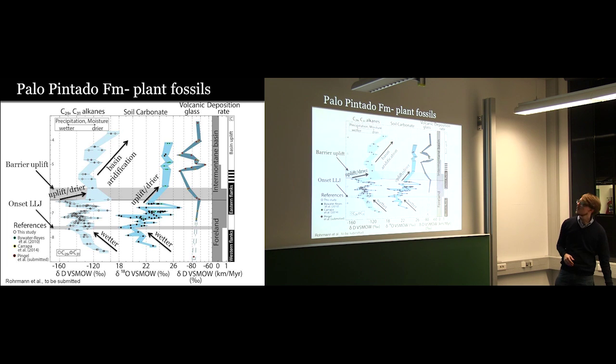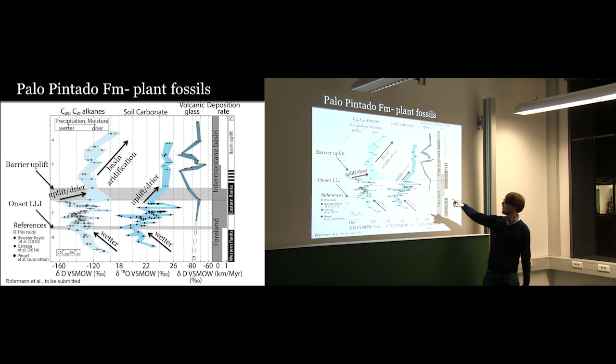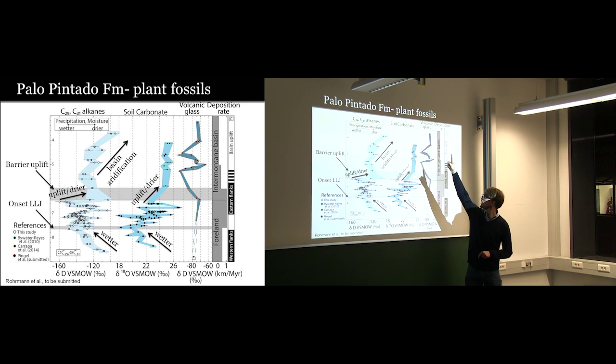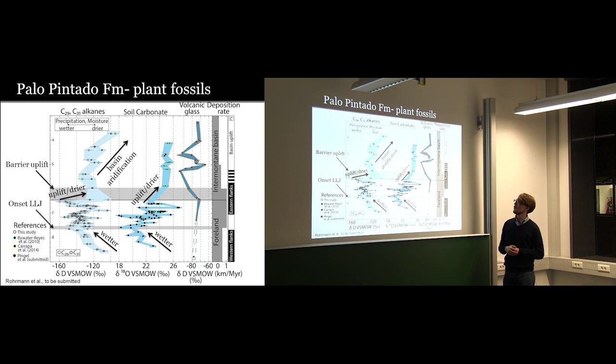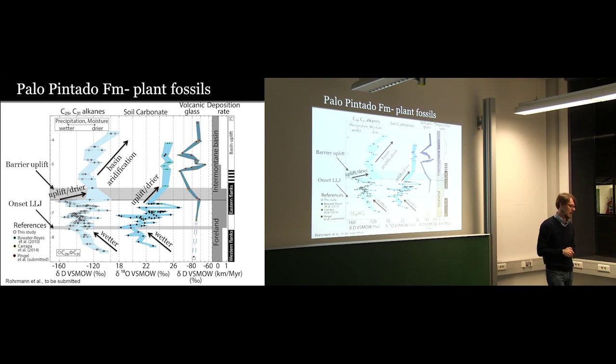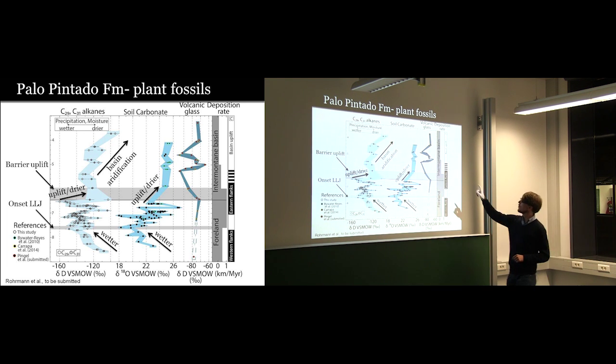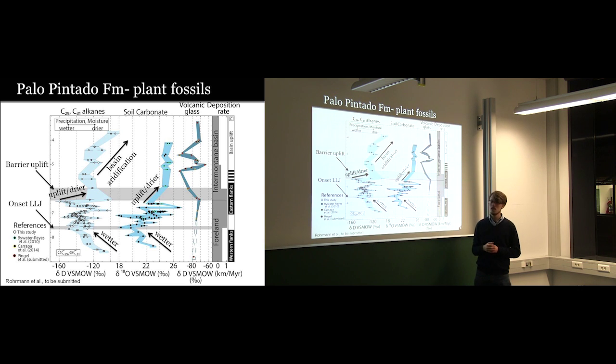All right, so the glass itself is a little bit sparse data, so it's hard to interpret, but it seems to be more or less one isotopic value, consistent with a foreland setting. But then it shows a depletion later on when you form this orographic uplift. And here towards the top, you see this rapid increase again, this shift towards more depleted values.